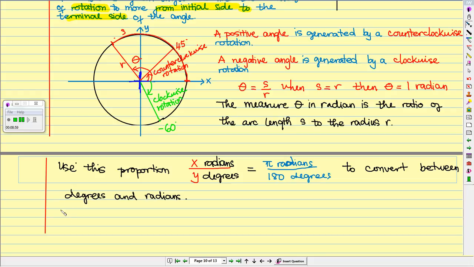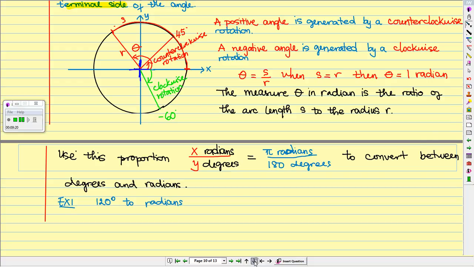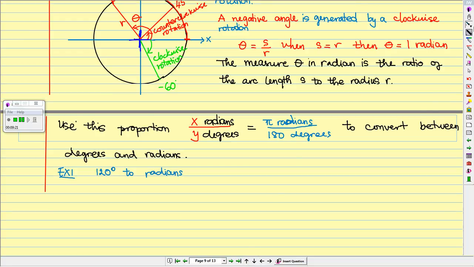So let's begin with example 1. If we want to convert 120 degrees to radians, again you are going to set it up.